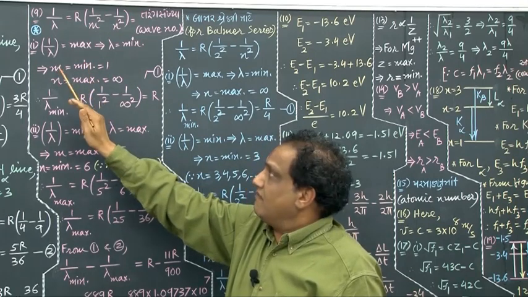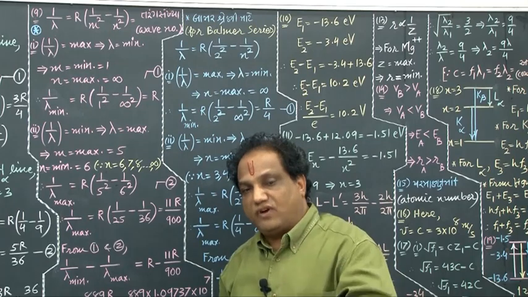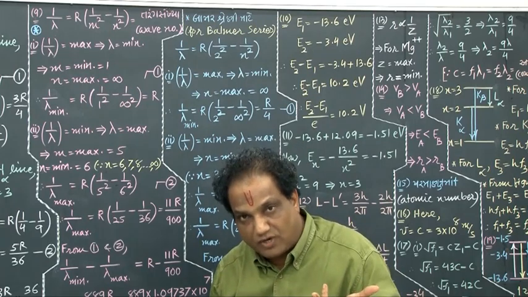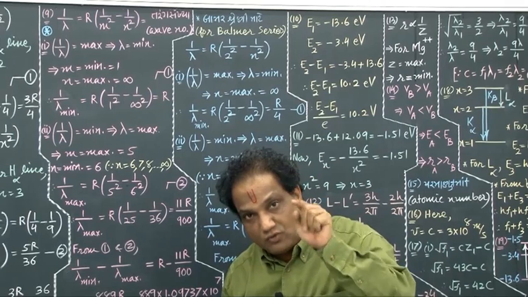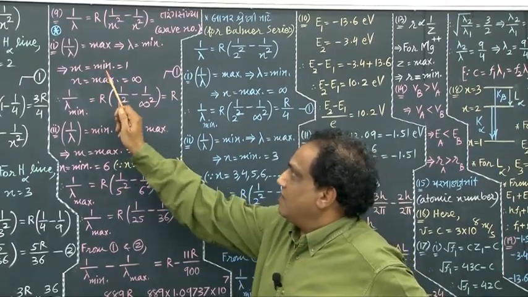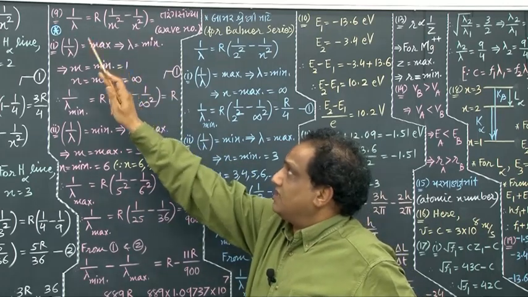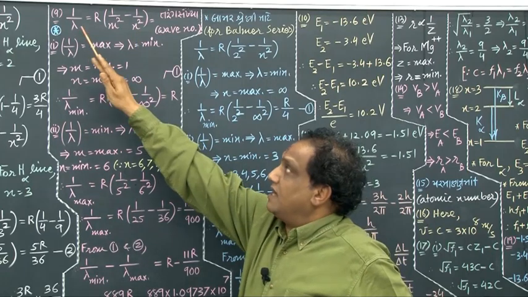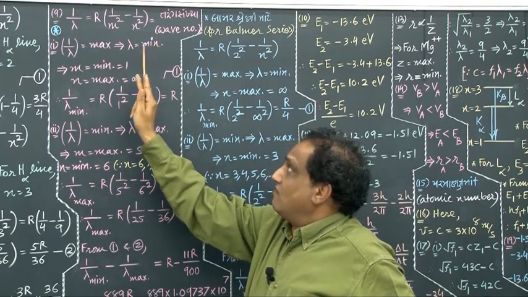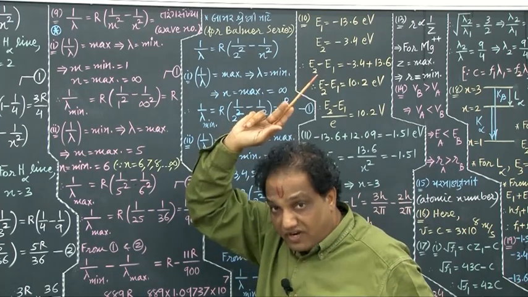So for minimum value of lambda, you must take the minimum value of m. You must remember the m values for all the 5 spectral series in the atomic spectrum of hydrogen: m equal to 1, 2, 3, 4, 5. What is the minimum value? 1. And the structure of the formula is such that when n increases, lambda decreases. So for minimum value of lambda, you must take the maximum value of n, that is n equal to infinity.